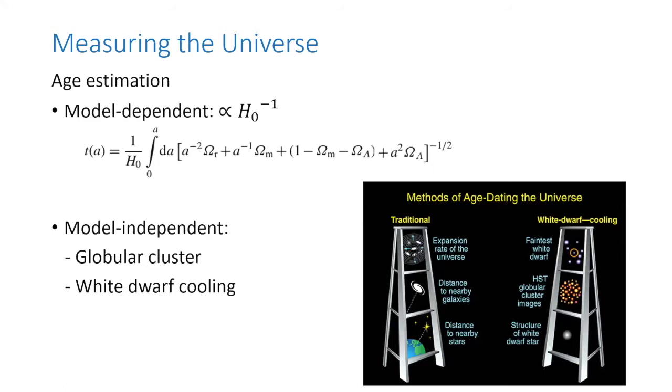The other method, which is still rarely used, is white dwarf cooling. Our sun might go through that in a later evolution stage. It wouldn't explode because it doesn't have enough mass to do that, but it would blow away its outer envelope, and the core would remain as a white dwarf star. It's a rather dim, very small star, and things are still going on within, but very slowly.